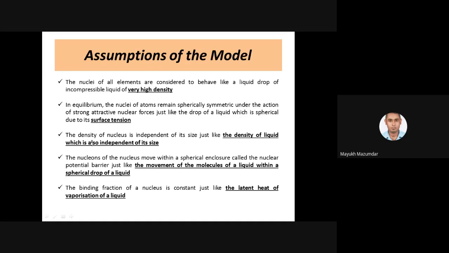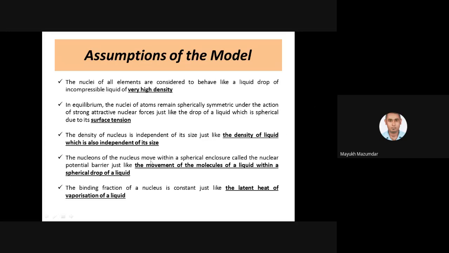Third one, as I already said, nuclear density is independent of its size. That is, a nucleus of hydrogen and a nucleus of uranium, though very diverse in size, will have the same density. Same is with a liquid, provided it is an incompressible liquid.